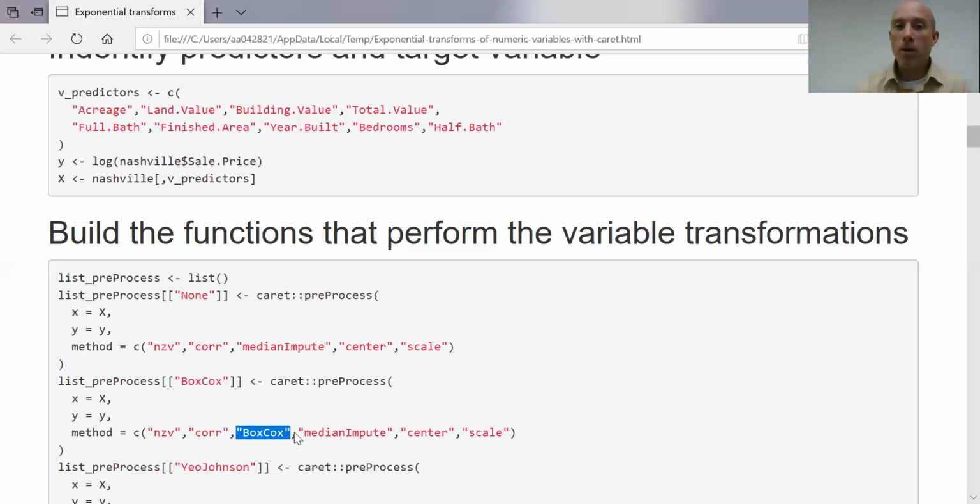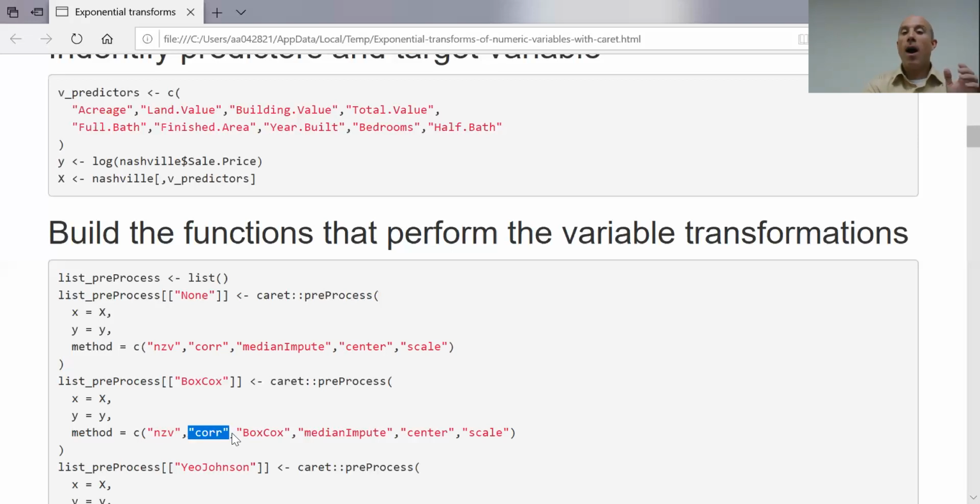Now something I want you to pay attention to is the order in which I have these methods. All right. In caret, it has a predefined order by which it does the preprocessing. It will always do the filtering of variables first. So if I do zero variance or near zero variance removal, it does that first.